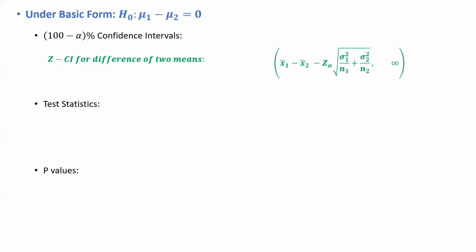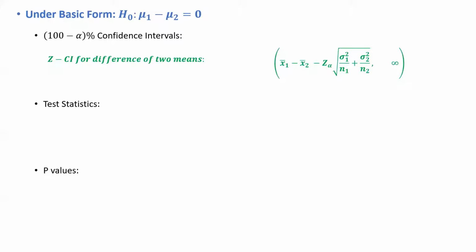Similarly, if your alternative is left-sided, i.e. if H1 is of the form mu1 is smaller than mu2, then you will need a lower confidence interval. Testing procedure stays the same. See if 0 is inside of the confidence interval. If it does, accept the null hypothesis. Otherwise, reject the null hypothesis.